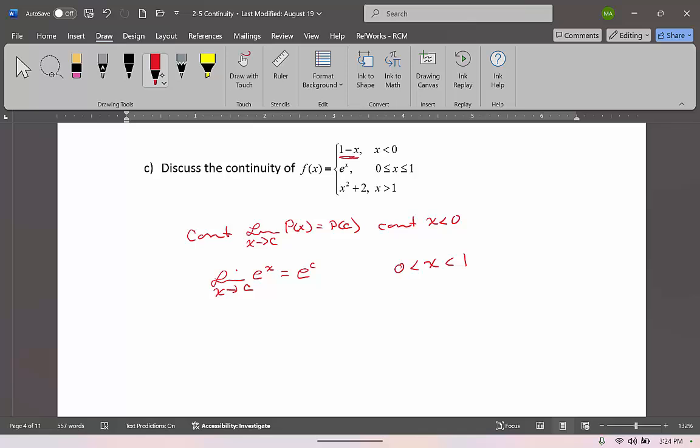And therefore, it's continuous on the open interval from 0 to 1. And then finally, we can say the limit as x approaches c of x squared plus 2 is equal to c squared plus 2, which is the evaluation of the function, because this is a polynomial function, right? And so we also have that it's continuous for x greater than 1, okay?